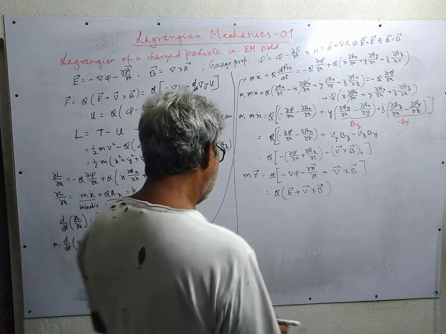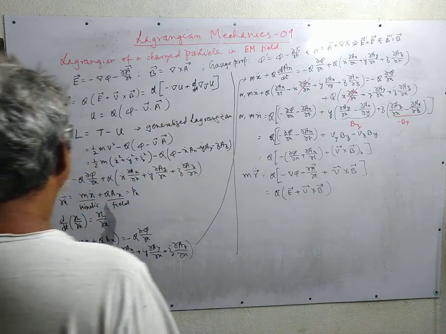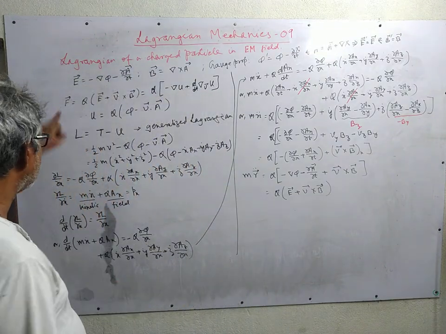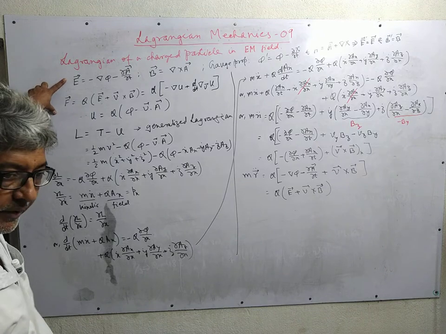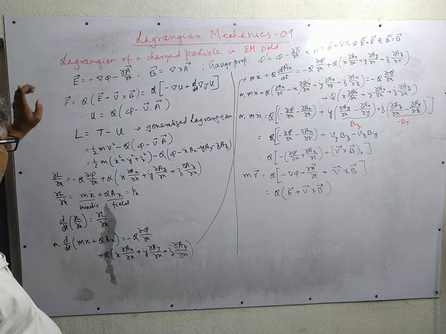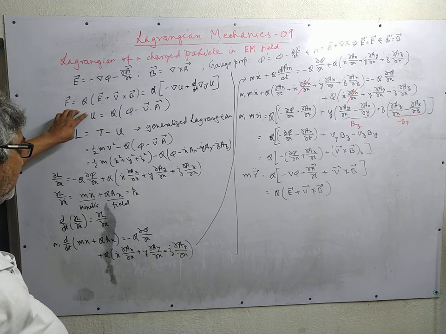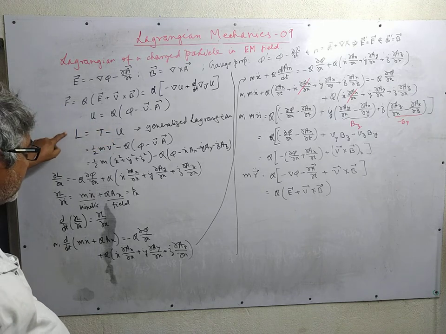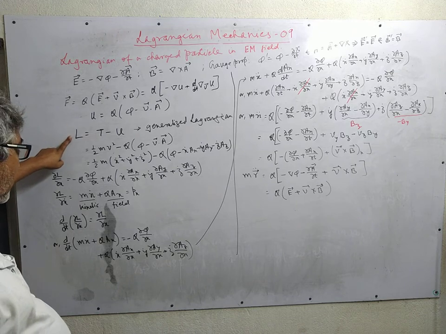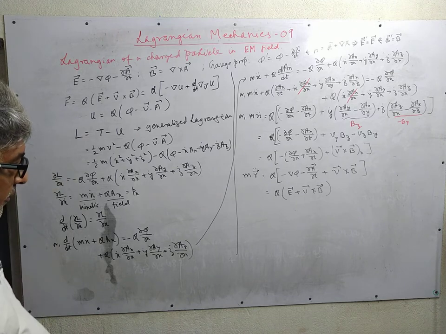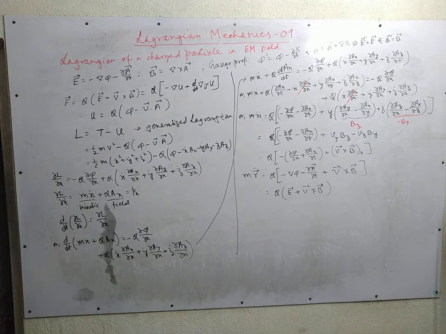So what we have done? We started from the Lorentz force equation, and used electromagnetic potentials to finally get the generalized potential function U, from where we have developed the generalized Lagrangian, which is for a velocity dependent potential.